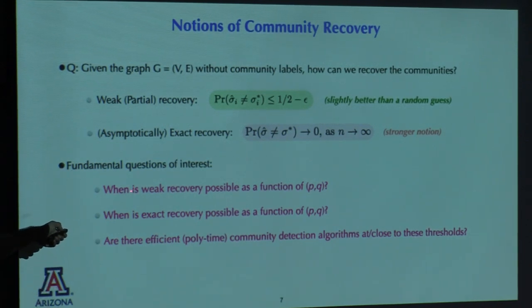Let's say information-theoretic bounds tell us that if p is 2 times greater than q, I'm just making that threshold up, then there exists some estimator which can recover the labels. Then you ask, when I realize this in practice, can I come up with an efficient way to estimate the labels? So these are the two-part questions.